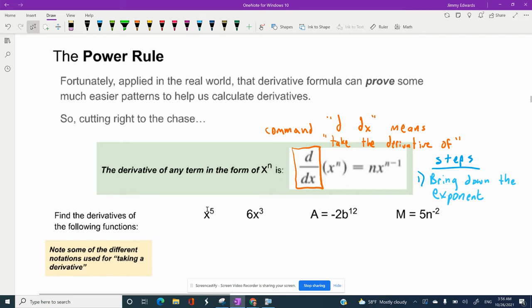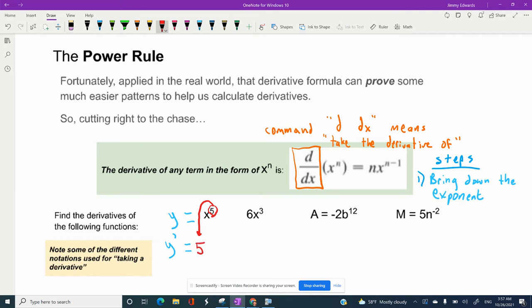So what does that mean? We have x to the 5th power. If we take y equals x to the 5th, y prime, or the derivative, is going to be, we bring down the 5. If you're writing down x to the 5th, kind of circle it. I like to think of it as literally pulling it down to the left.